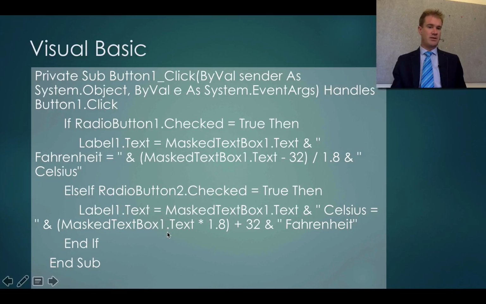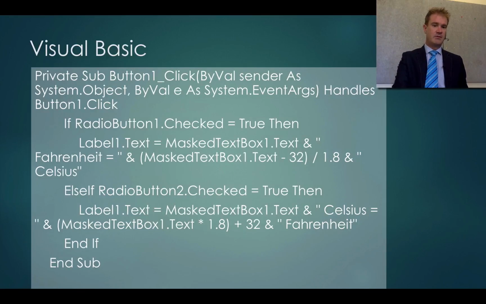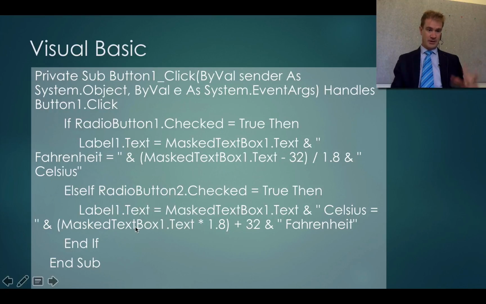Masked text box 1.text, which is the number they've entered, times 1.8 plus 32. End sub is just a way of closing that sub method off, a little bit like the curly brackets.